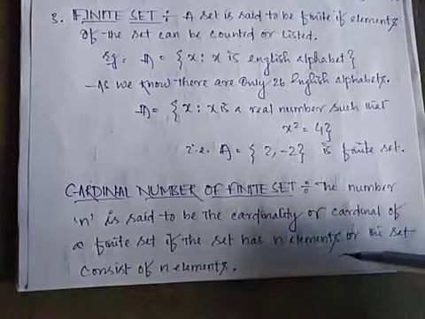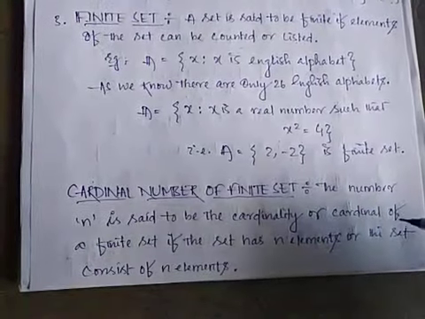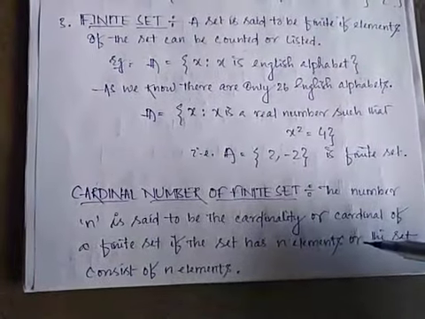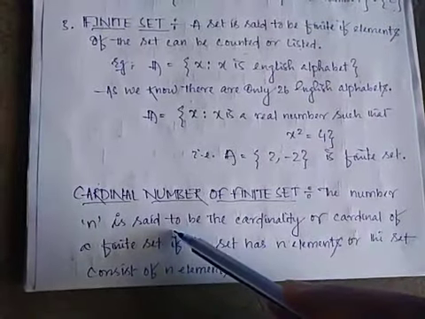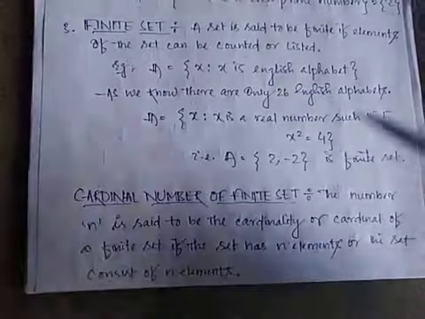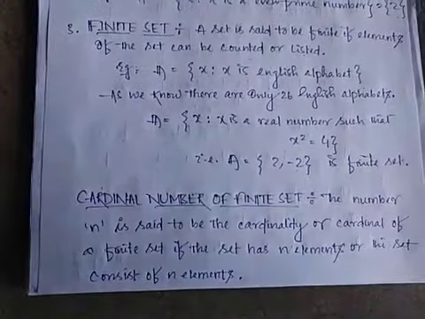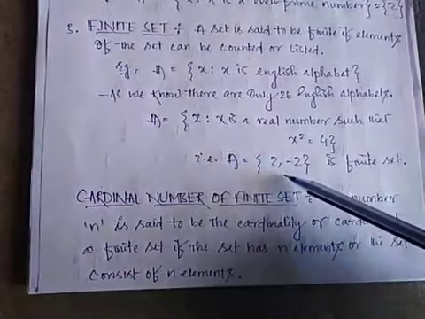That means the set consists of n elements. So if a set has n elements, then we will say that the cardinality number is n.